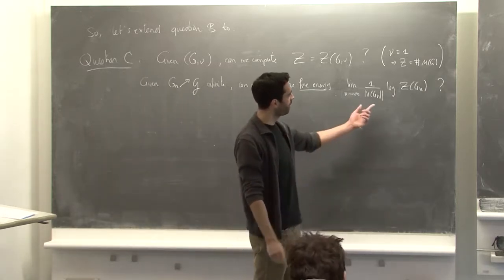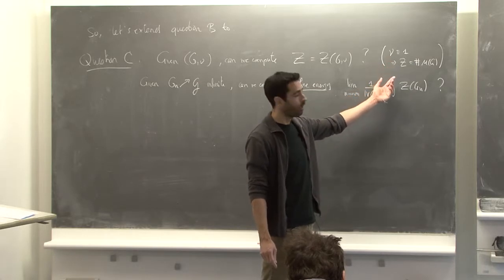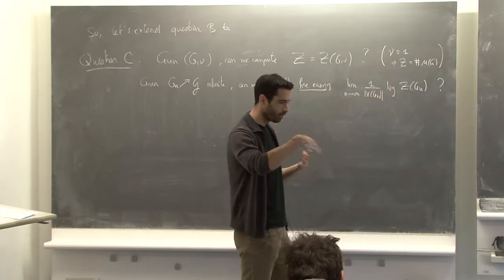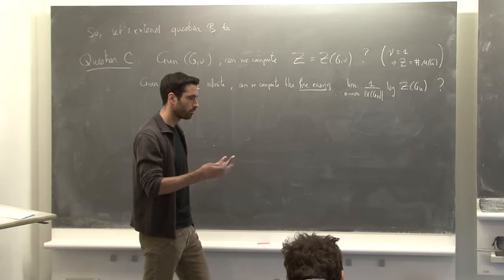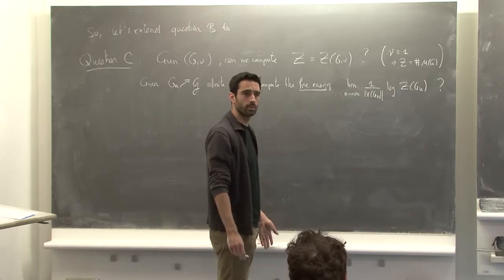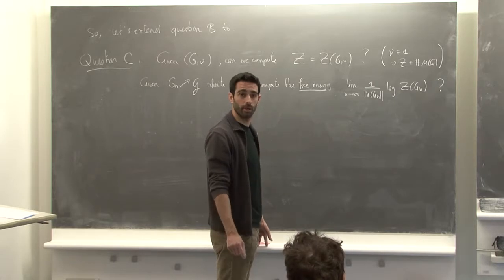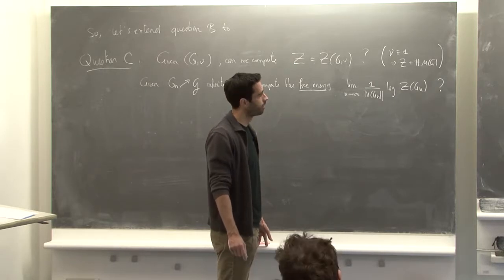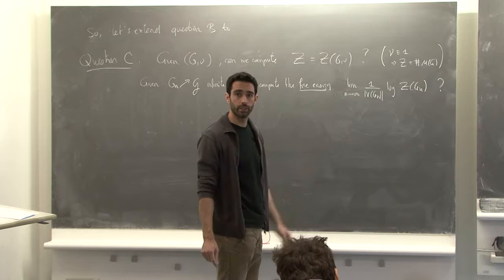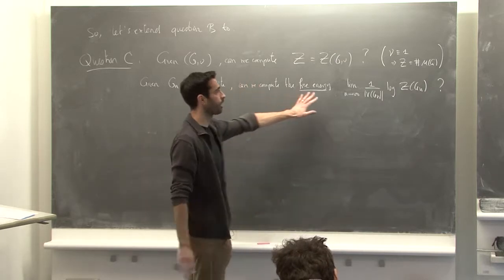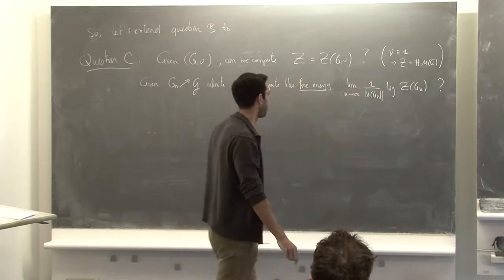If you set all the weights equal 1, what you're really computing is the growth rate of the number of perfect matchings on your graph. In general, it's called the free energy of the model. Again, I'm not being precise at all here, but you can imagine.